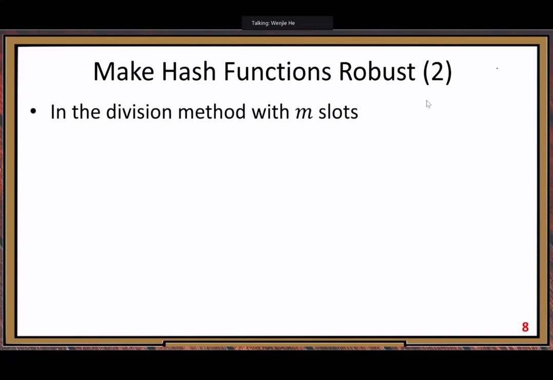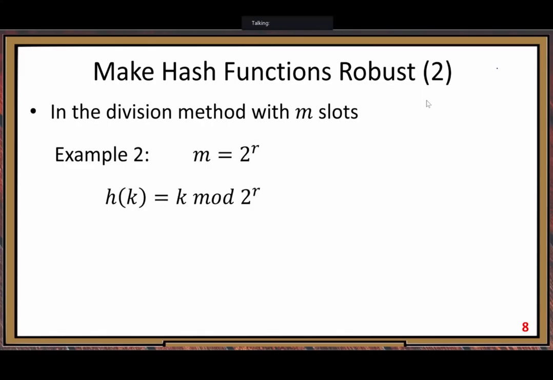So that is the division method with m slots. Now another example: m equals a power of 2. If m is a power of 2, when you do the modular operation, viewing it as a binary number, you truncate the bits.